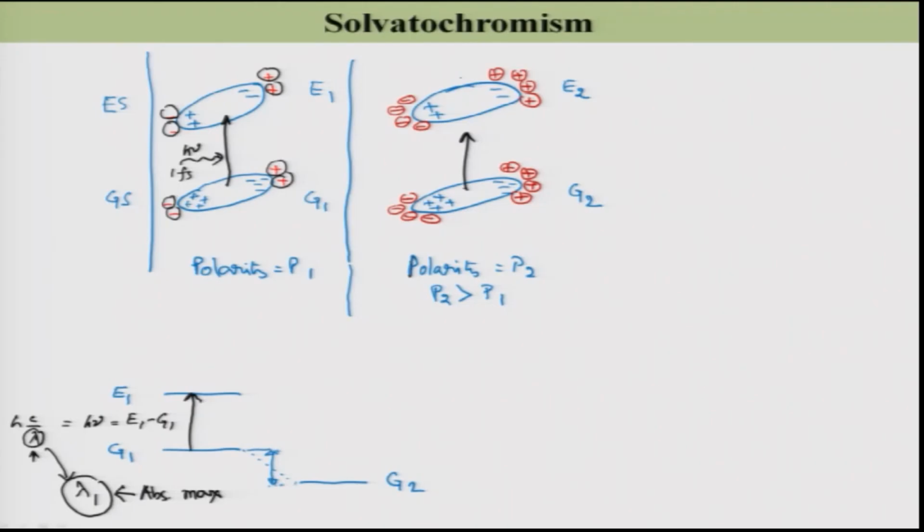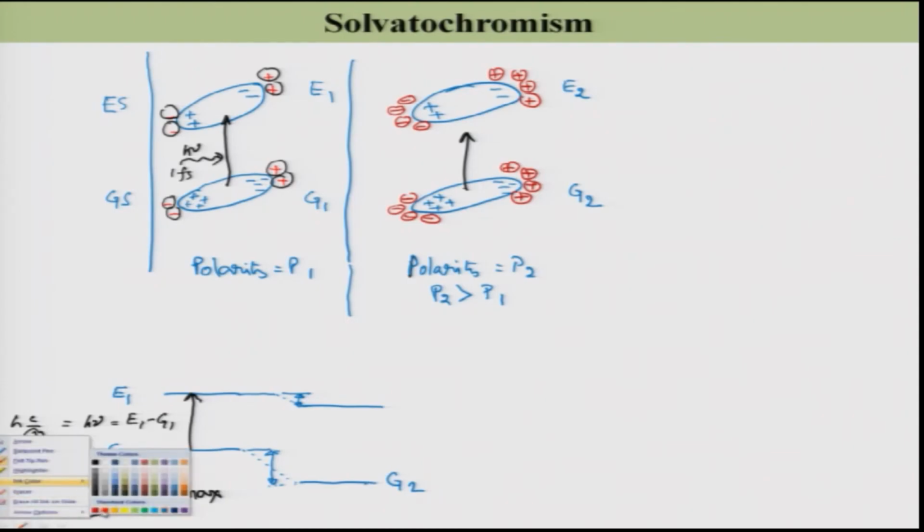Now, likewise the E2 is also stabilized, but here you see the dipole moment is small. So, the stabilization will not be that much. So, the gap over here and the gap over here will not be the same. Here stabilization will be smaller than in the ground state. Now, when you measure the absorption spectra, in this case what you are going to see is this much of transition.